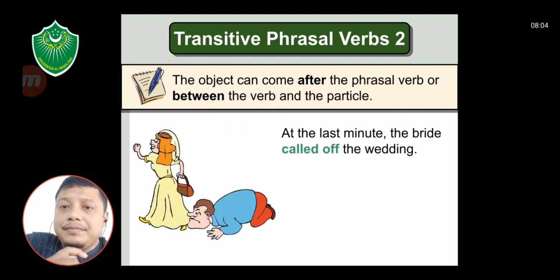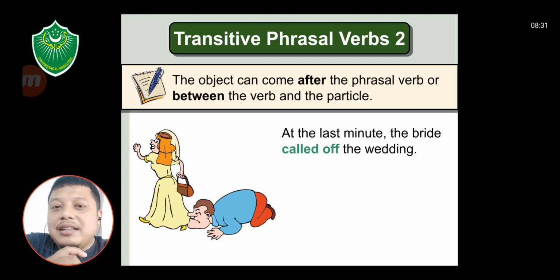And the next one, we can see another transitive phrasal verb. The object can come after the phrasal verb or between the verb and the particle. For example, at the last minute, the bride called off the wedding. At the last minute, the bride decided to cancel, to abandon the wedding. So that's another example.